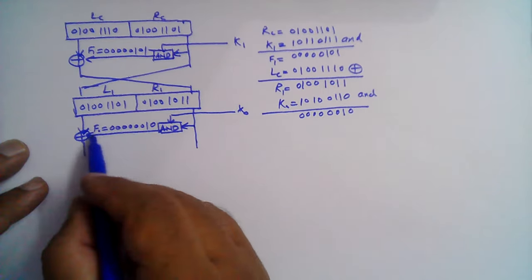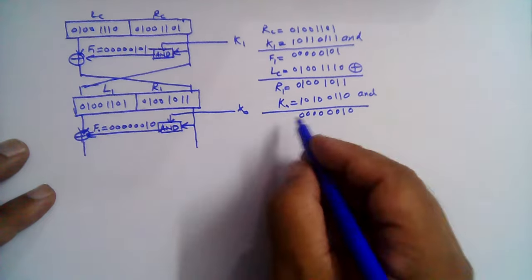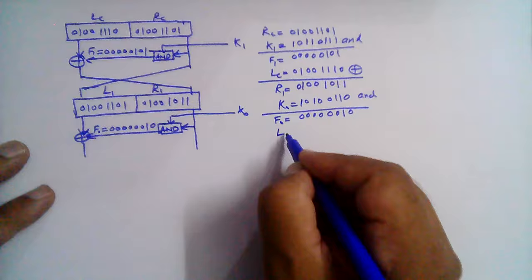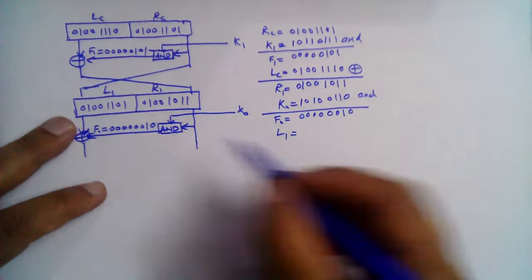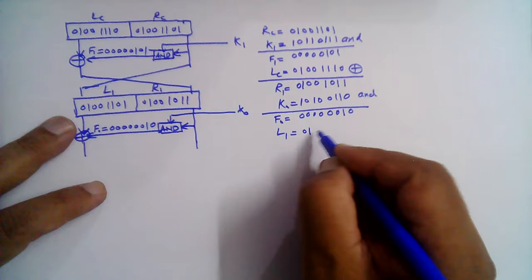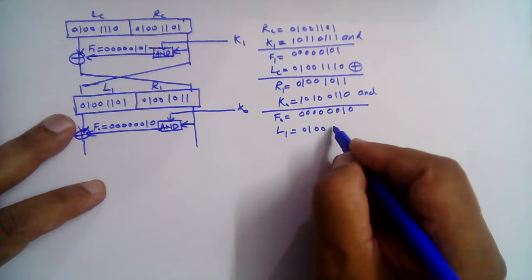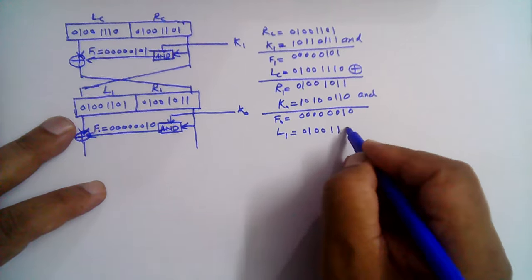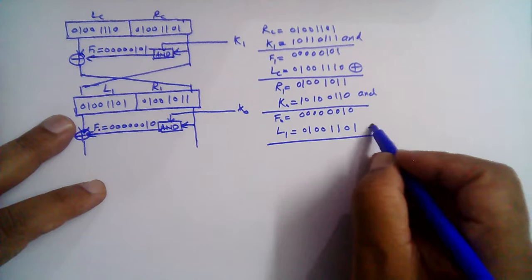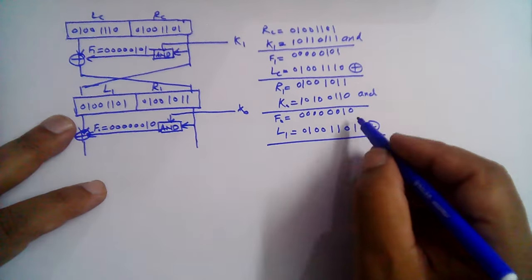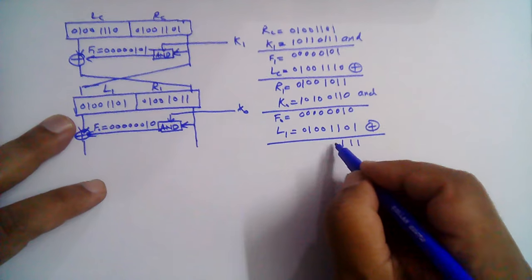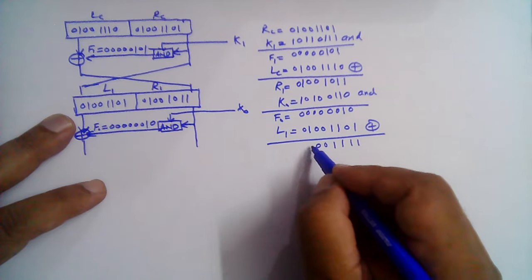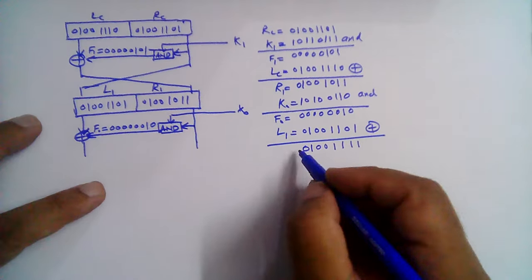And this is XORed with L1, which is 0100 and 1101. This is an XOR operation, giving 01001111.